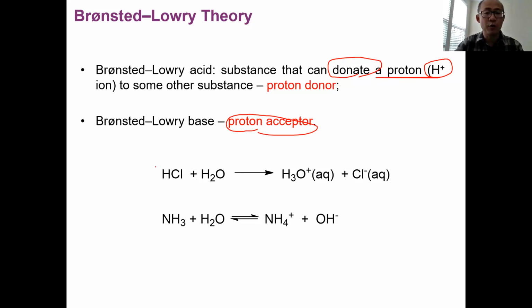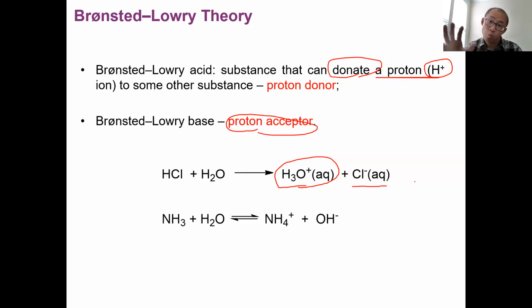Let's take a look at the following two examples. The first equation shows what happens when HCl dissolves in water. HCl donates a proton to water. Because HCl donates a proton, HCl becomes Cl minus.